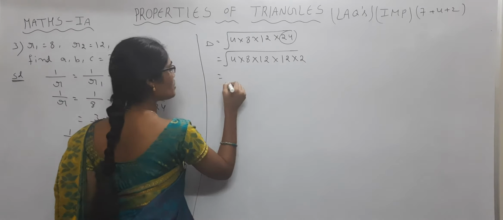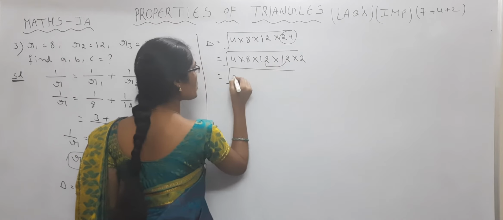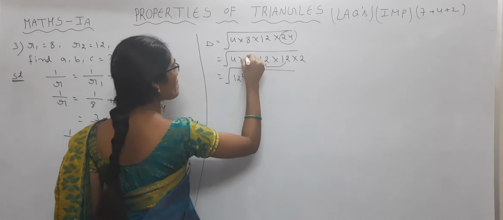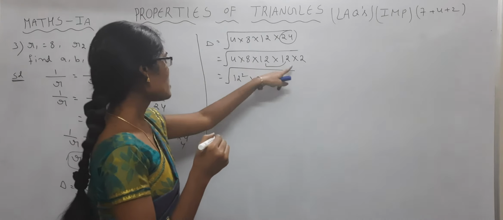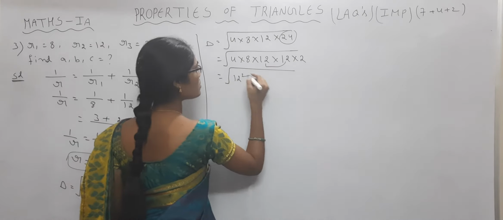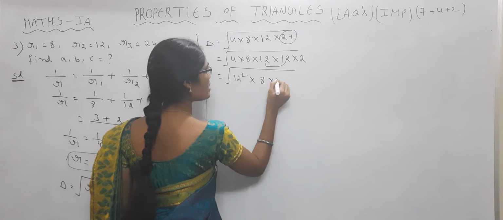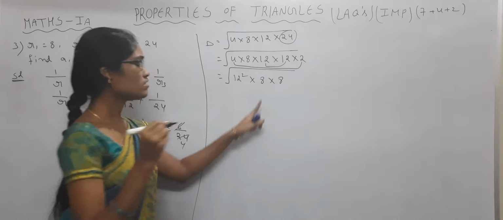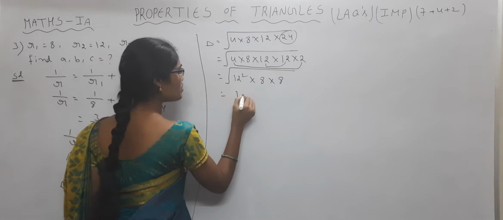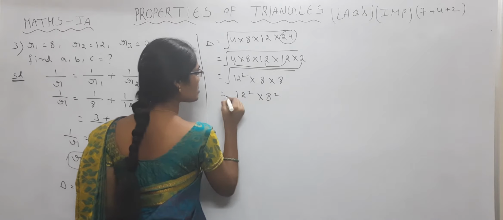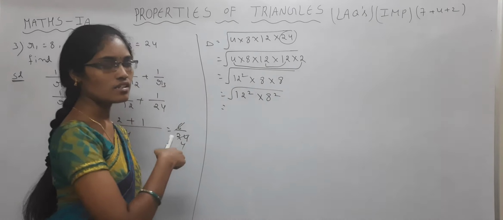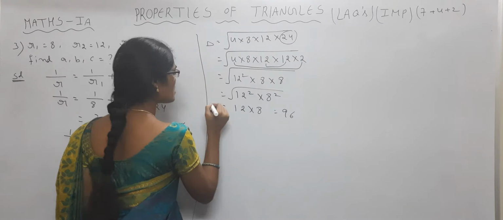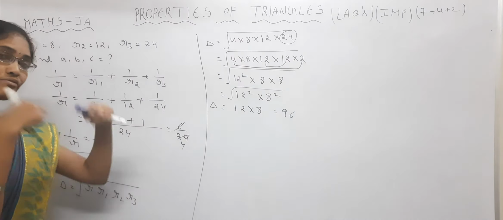That is equal to 12 square into 8, since 4 twos are 8, I am writing here 8. That is equal to 12 square into 8 square. So the square root gets cancelled. The remaining value is 12 into 8, that is equal to 96. This is the delta value.